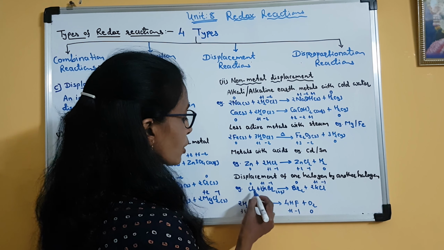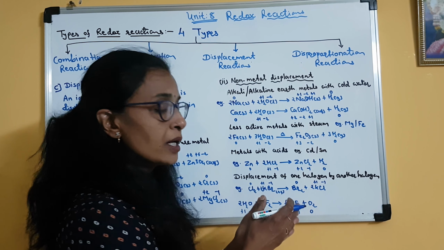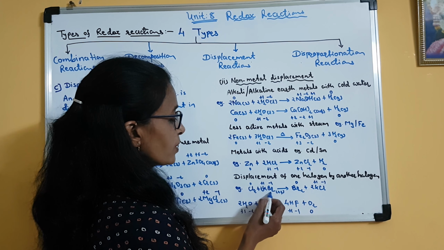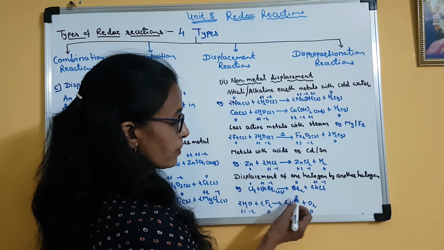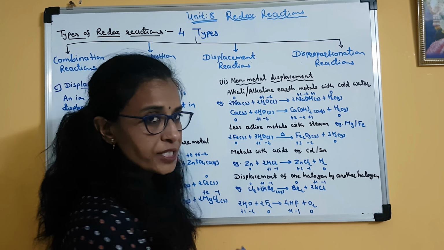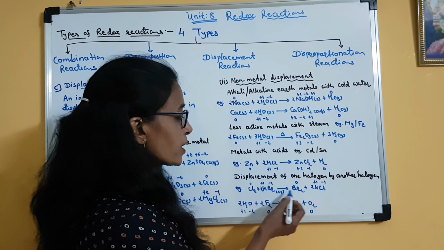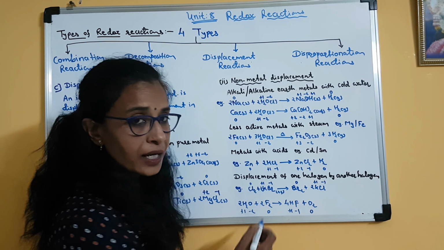Clear? Here chlorine has more attraction for potassium, so it can form its compound with potassium very easily, and that is why it will displace bromine. So Cl2 plus 2 KBr gives Br2 plus 2 KCl. From KBr, this halogen, that is bromine, is displaced. So one halogen has displaced the other halogen.